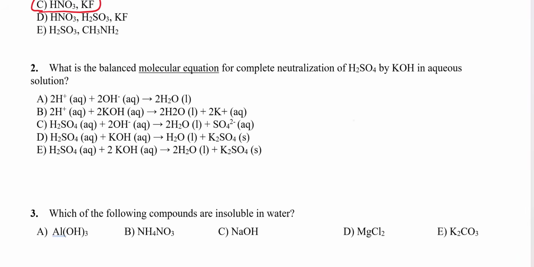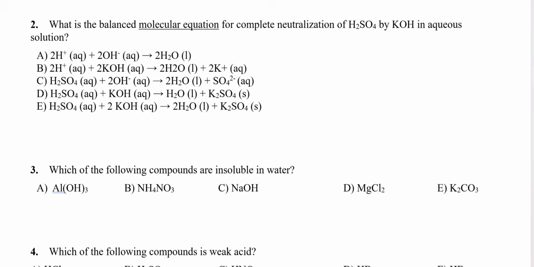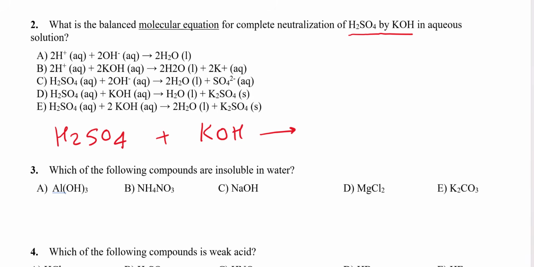For question number 2, we would like to write the balanced molecular equation when sulfuric acid and potassium hydroxide react. Sulfuric acid is a diprotic acid. H2SO4, acids and bases form salt and water. And the salt for sulfate and potassium is K2SO4.